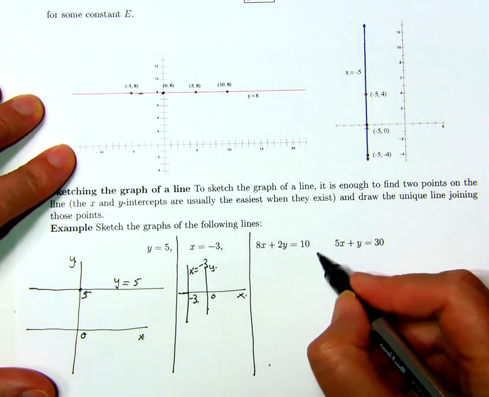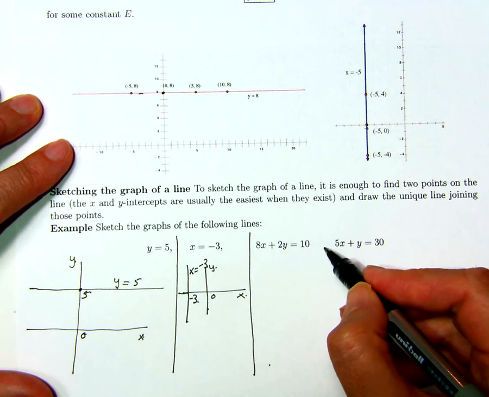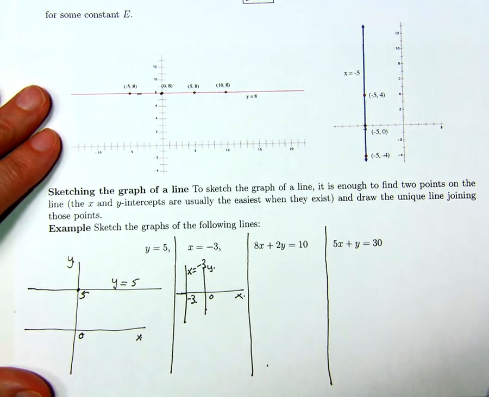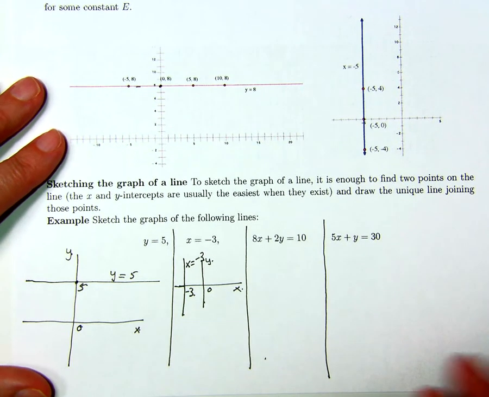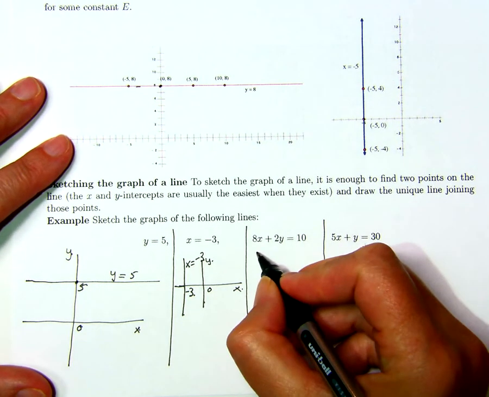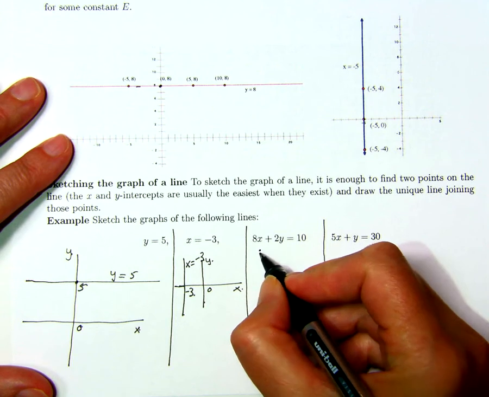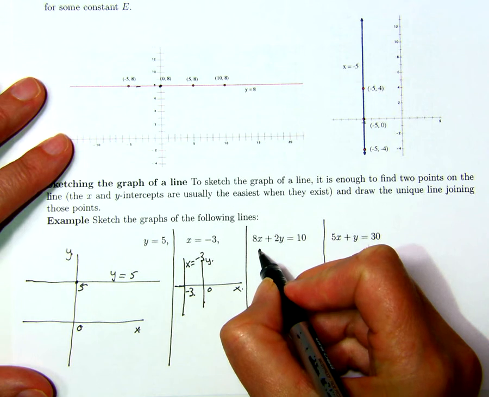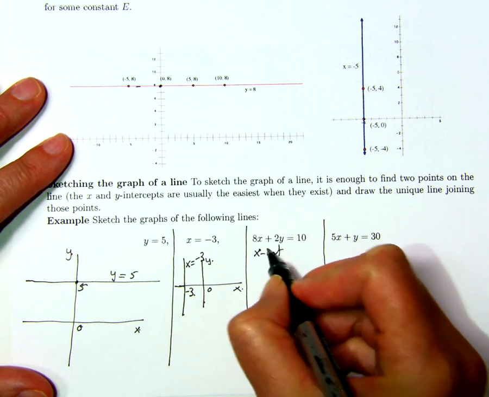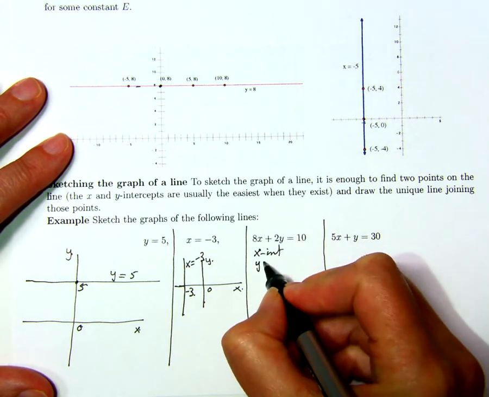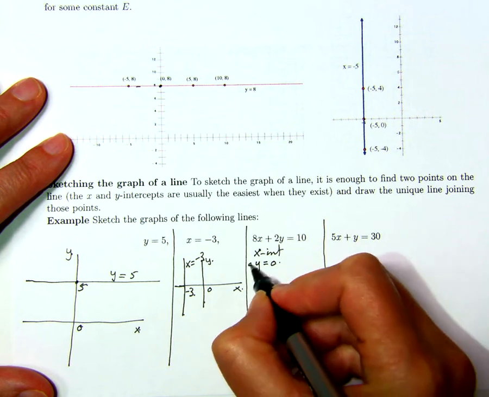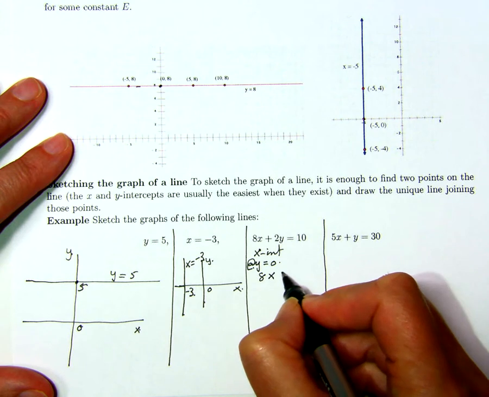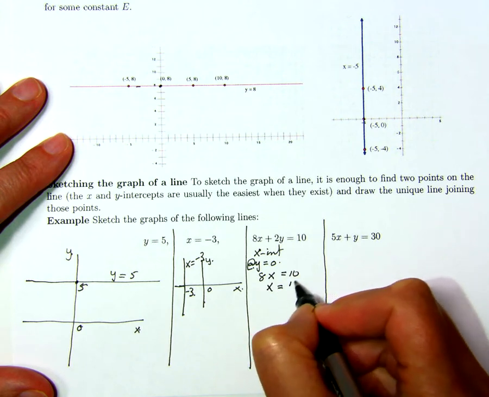What about something of this form? How do I graph it? Well, the easiest way is to find 2 points, get some straight edge, join the 2 points, and extend. And the easy points to get are the intercepts. The x-intercept happens at the point where y equals 0, and that happens for this line when 8x equals 10, or x equals 10 over 8.